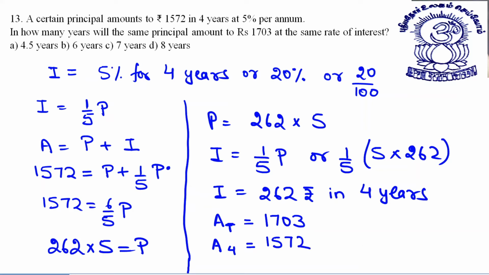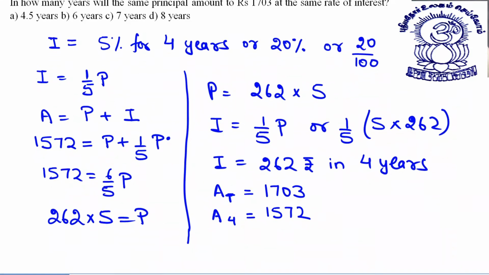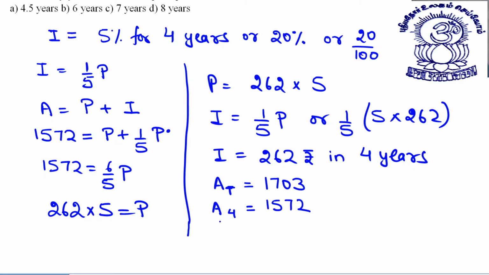Just think about it, dear students. What is this difference? 3 minus 2 is 1, 70 minus 57 is 13, so the interest earned is 131. The interest was 262 rupees in 4 years.